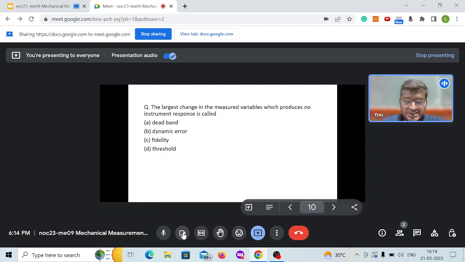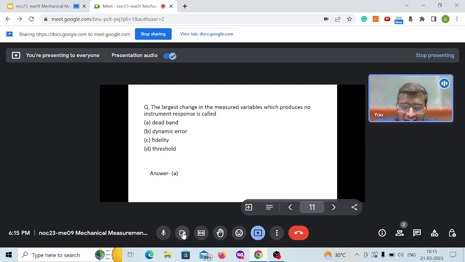So the largest change in the measured variable, you are measuring a variable and it produces no instrument response, that is called... the answer for this is A, deadband. So if your input varies and the instrument doesn't respond, it will take some time to respond. That is called the deadband. So that's the answer here.